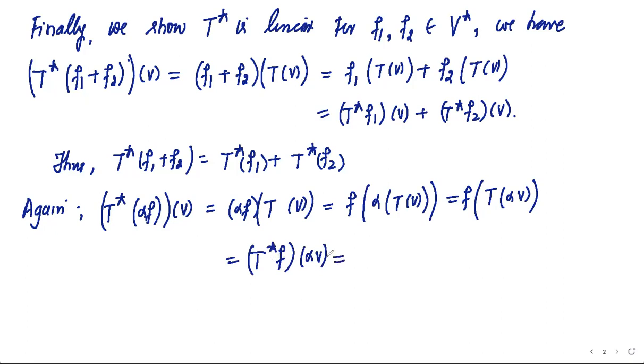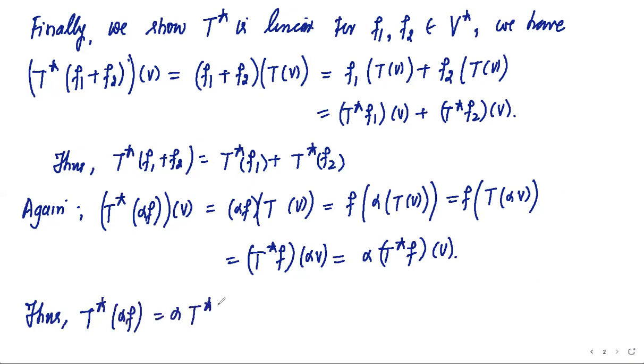So we can use that here. So this is equal to alpha times T star f of v. So therefore we have shown that T star of alpha f is equal to alpha T star of f. So therefore we have completed showing that this T star is a linear map. Thus this T star belongs to the set of linear maps from V star into V star.